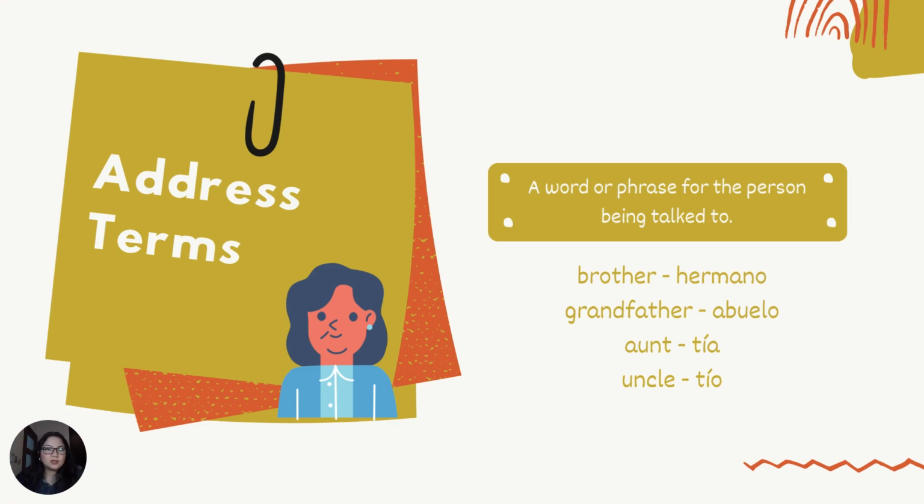This falls into the address terms. This is defined as a word or phrase for the person being talked to. A practical example would be when a Salvadorian addresses an old man who he doesn't know.